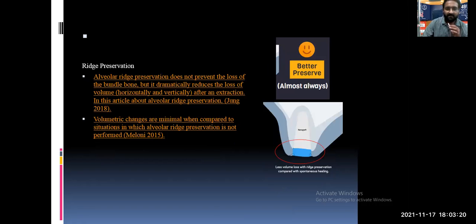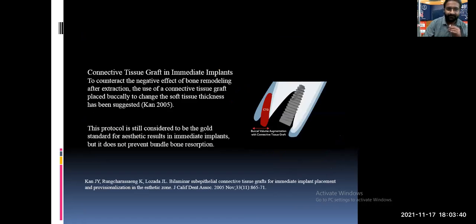And then Jung in 2018 and Melanie in 2015 devised an experiment and suggested ridge preservation to counter the bundle bone resorption. It reduced the loss of volume after extraction, but it does not preserve the bundle bone.